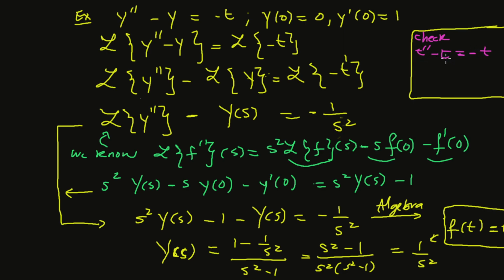Second derivative: the first one is 1, the second would be 0. You see, that works. And of course, if you use the initial conditions, y of 0 is going to be 0, and y prime of 0 is going to be 1. So when you put 0 for t, y of 0 is just going to be 0, and when you do the first derivative, t prime is going to be 1, so y prime is going to be 1. So that also works.